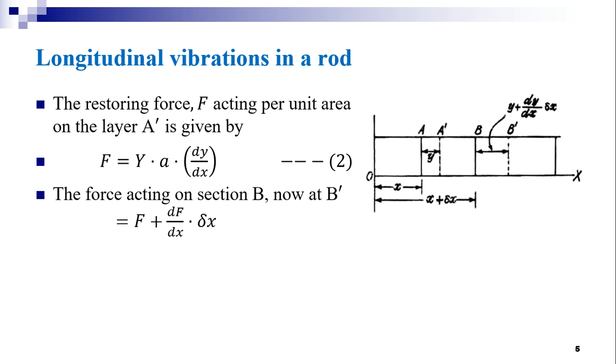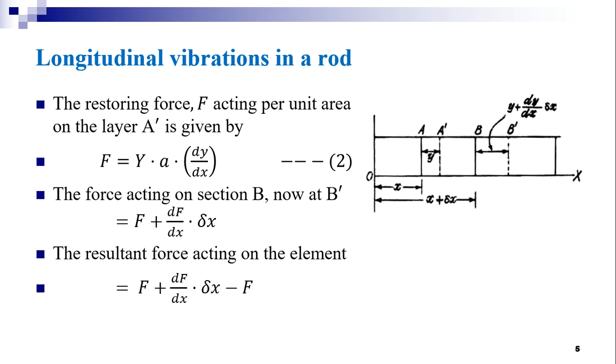The force acting on the section B, now which is displaced to B dash, is given by F plus df by dx into delta x, where df by dx is the rate of change of force with distance. Hence the resulting force acting on the element is equal to F plus df by dx into delta x minus F, which is equal to df by dx into delta x.